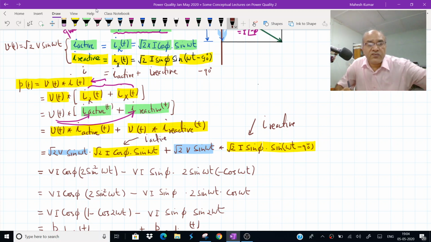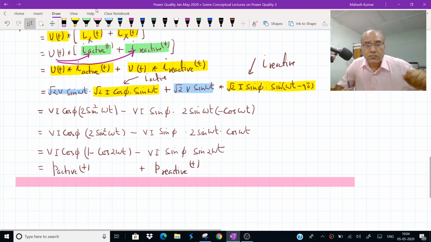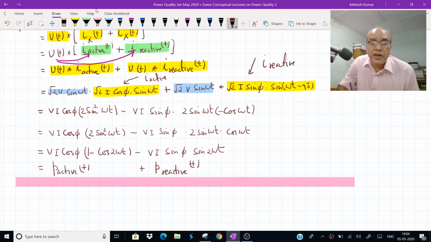Now let us use the same formula. This is root 2 VI, so VI will come this side here, and VI into cos phi term is here, and this becomes 2 sin square omega t. Note this is 2 sin square omega t.